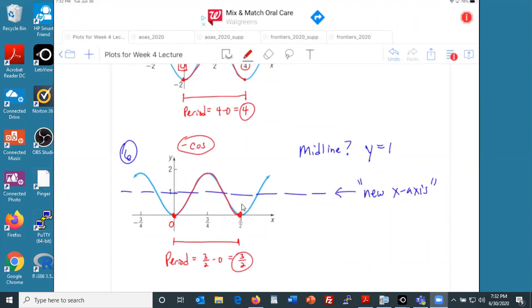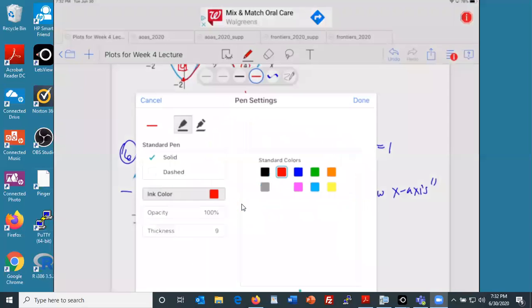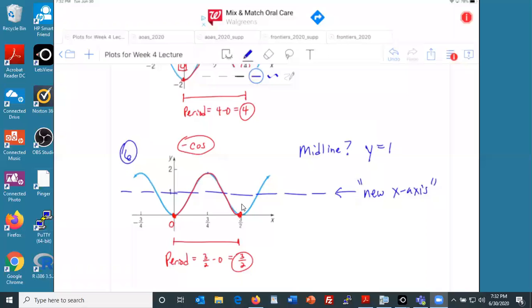And then we want the amplitude. So let's find a maximum point like up here. So remember, it's the distance from the maximum to the midline, not the x-axis, the midline. So that's only from here to here. All right? So that's just between 1 and 2. So therefore, the distance is 1. All right? So the amplitude is really 2 minus 1 is 1.